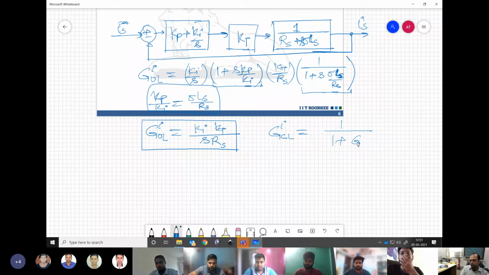Anybody? So 1 upon 1 plus KI KT upon S RS. Is this correct?